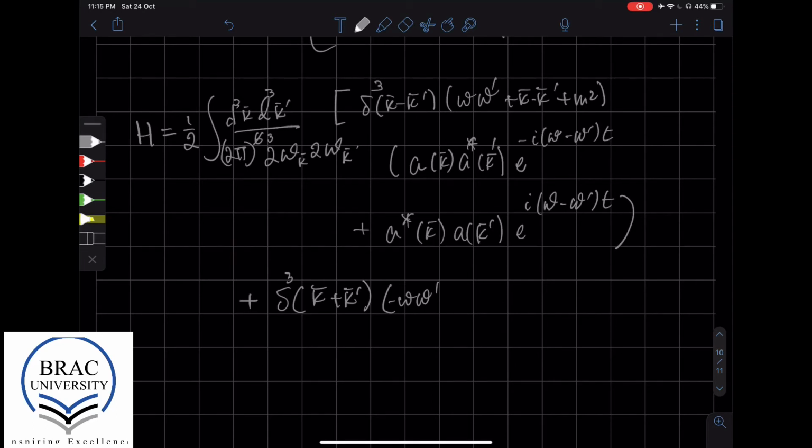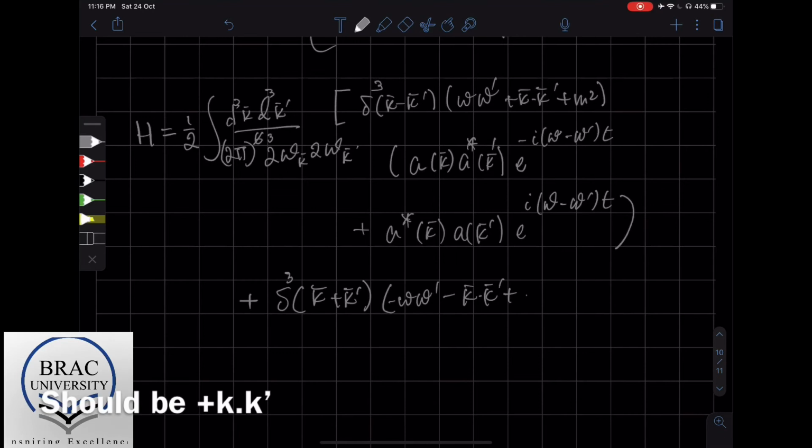so there'll be a minus sign here, and there'll be a minus sign at k dot k prime, and there'll be a plus sign for m squared. Okay, so you should all go and check these signs, and that will be multiplying the quadratic terms in a and a dagger.